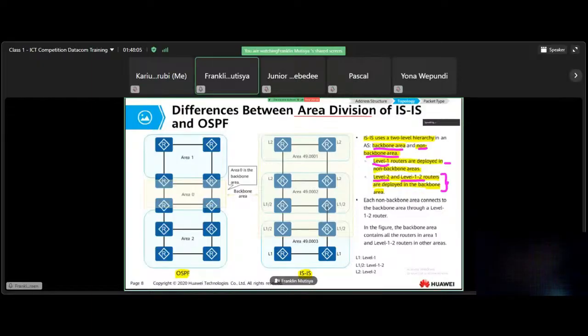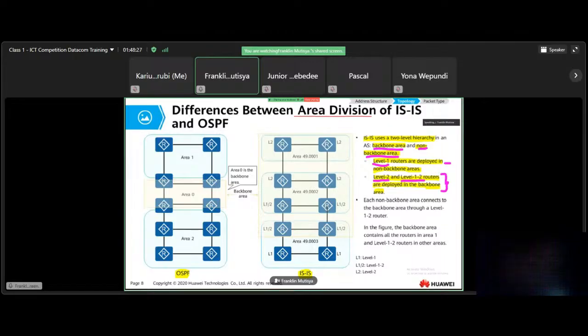And then we have level 1, 2, and level 2 routers. These ones are deployed in the backbone area. So level 1 is in the non-backbone.